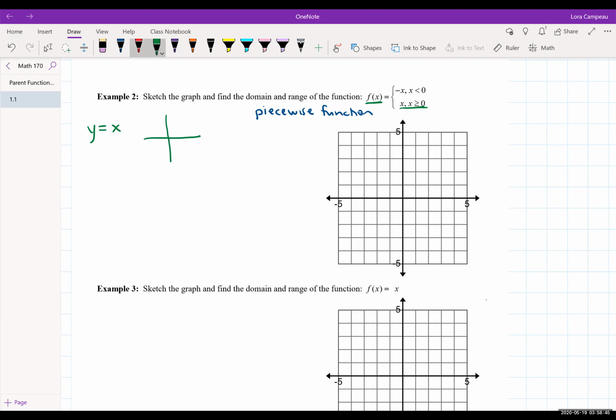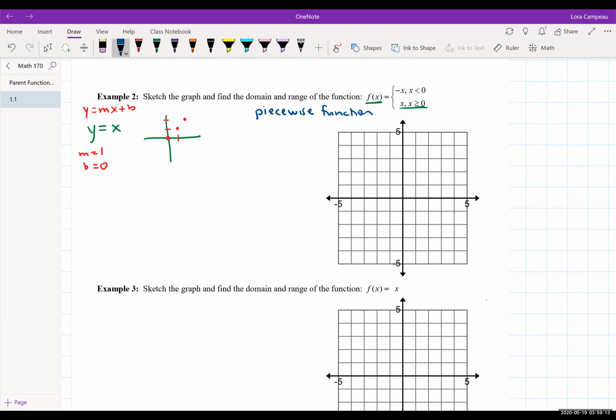If I were to compare this to y equals mx plus b, my favorite version of the linear equation, I can see that my slope is 1 and my y-intercept is 0. So if I were to play with graphing it, a quick accurate graph, I can start at 0 and travel rise over run, up 1 over 1, up 1 over 1.